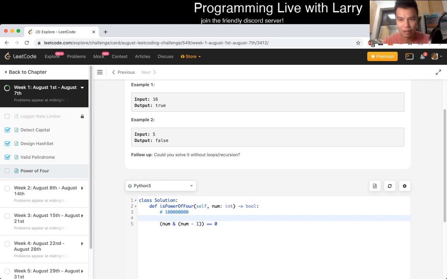Let's see. So let's say we have the number 16. So 16 is just this, I think, 2 to the 4th. So then, what's 13 in binary? Can we do something like that where we know that it's going to be a power of 2, right?